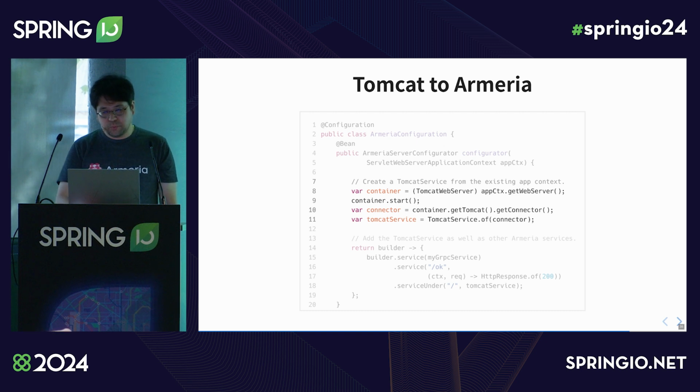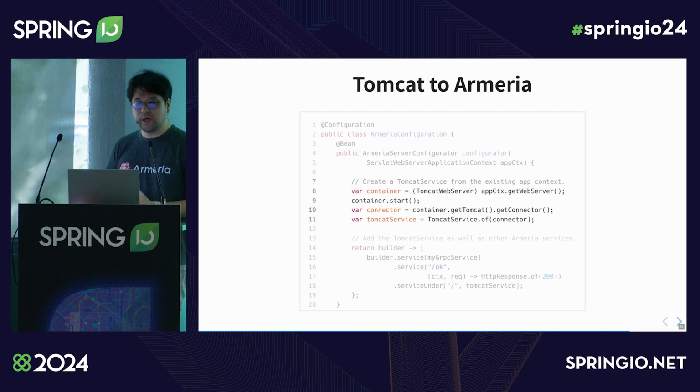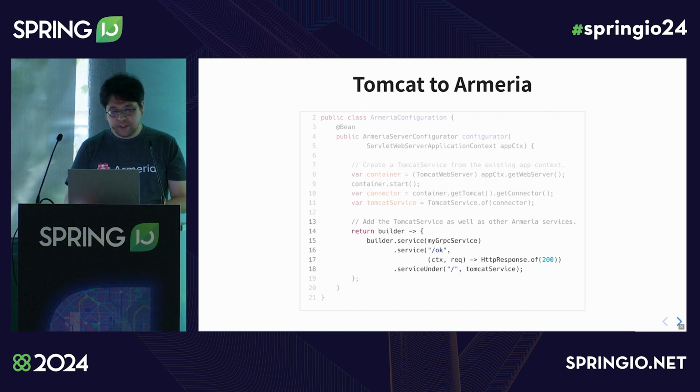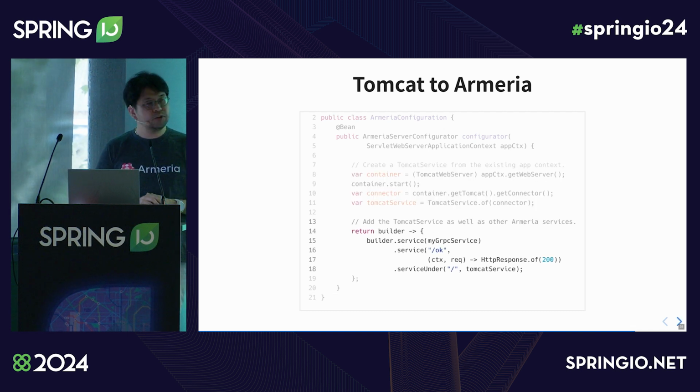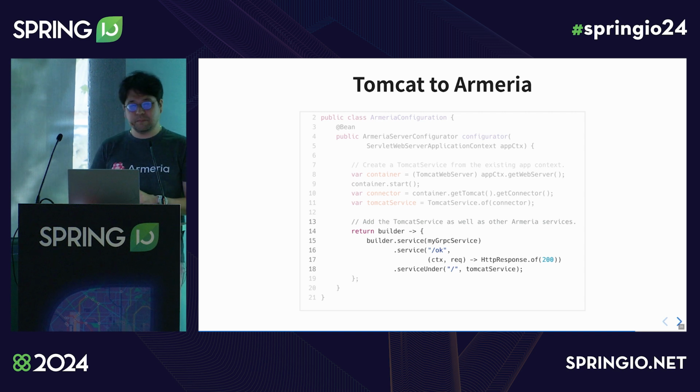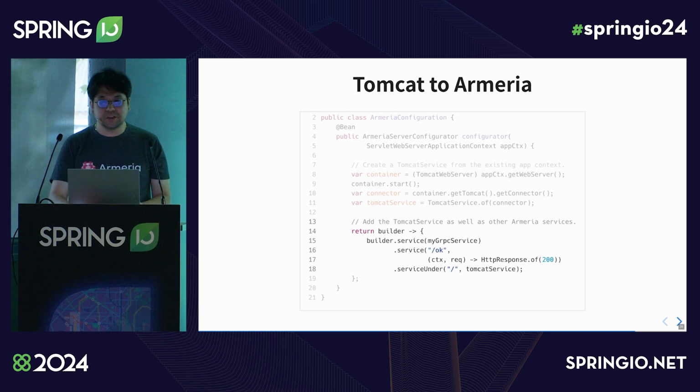From the context, we retrieve the Tomcat connector, which is a gateway of all Tomcat requests, and we wrap it with Armeria Tomcat service. Finally, we add the Tomcat service to Armeria, so the requests are routed to the embedded Tomcat managed by Spring Boot. It looks somewhat complex compared to switching from reactive stack because it's how it is, but it's just a one-time thing.